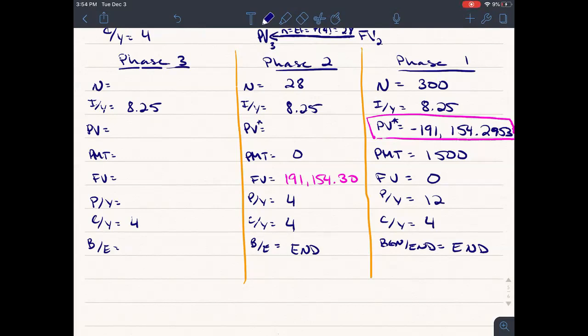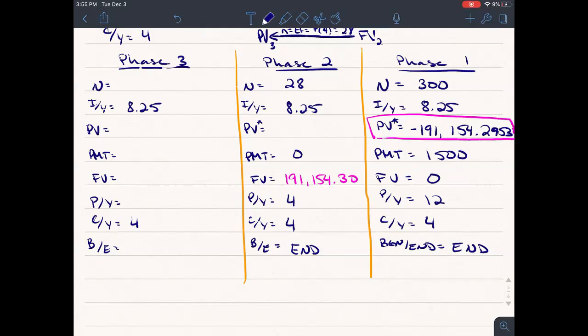All right, so let's do these calculations then. 28 for n, 8.25 for the interest per year, 0 for the payment, 191,154.30, right? Rounded to 2 decimal places because it's just money exchanging hands.